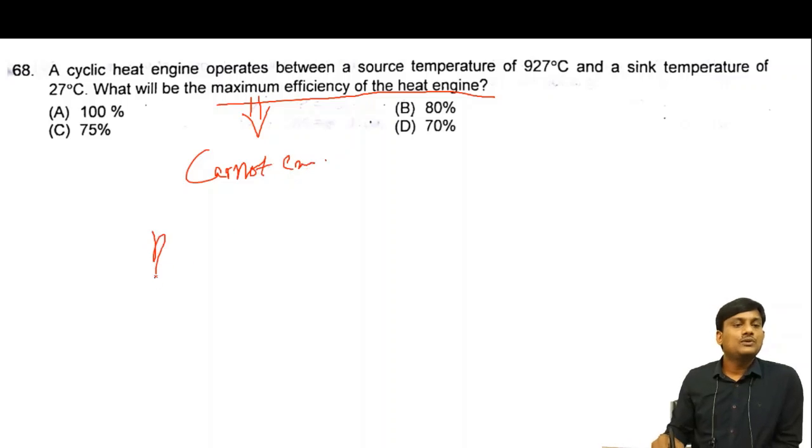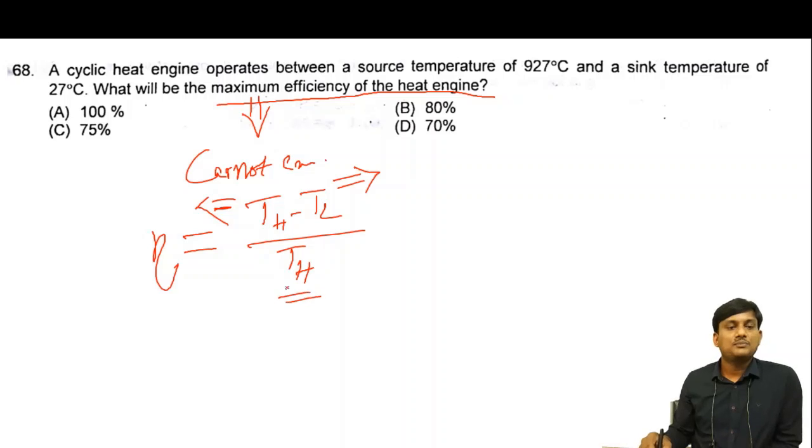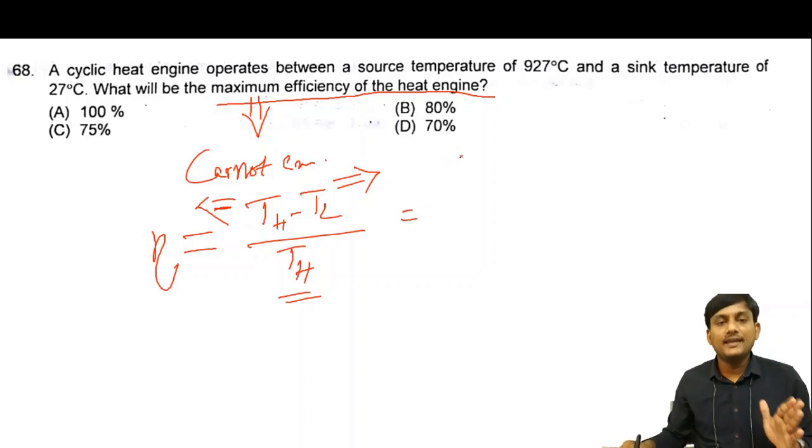We know the efficiency of a Carnot engine is TH minus TL by TH. TH is the temperature of the source, TL is the temperature of the sink. Here, high temperature and low temperature you have to take. The value should be in Kelvin here.